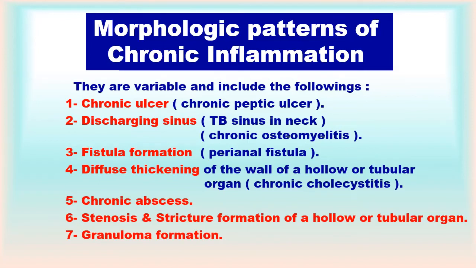Sixth, stenosis and stricture formation of a hollow or tubular organ due to healing by fibrosis. And the last morphologic pattern of chronic inflammation is granuloma formation.